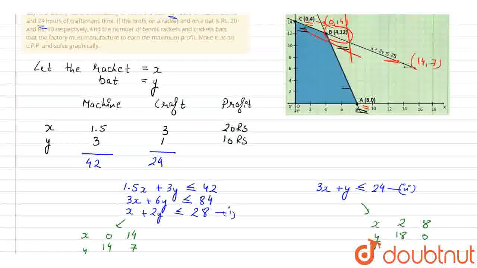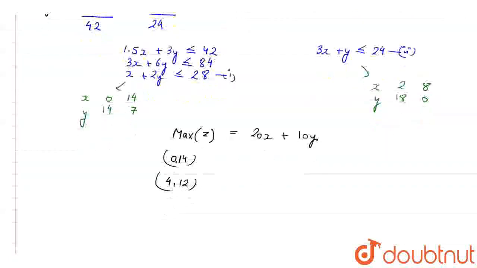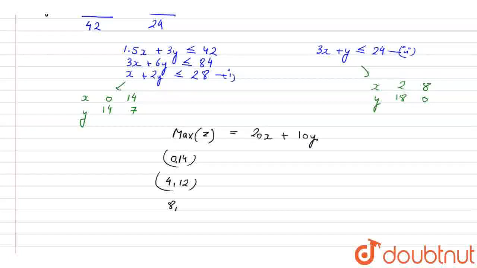Then the intersection coordinate was 4, 12. And the last one was 8, 0.